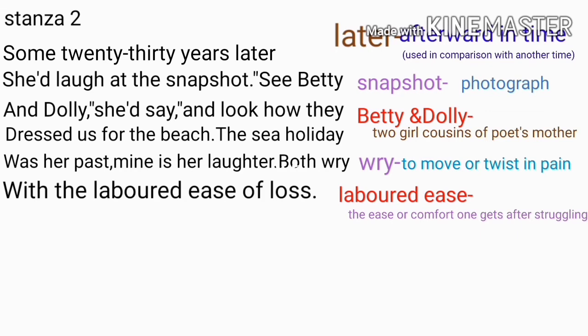Now let's learn about the poetic devices used in this stanza. In the very first line of this stanza, alliteration is used, and I have already told what alliteration is before. In the words 20, 30, alliteration is used. Then in the third line, she would say, alliteration is there, and then in the last line, labored ease.